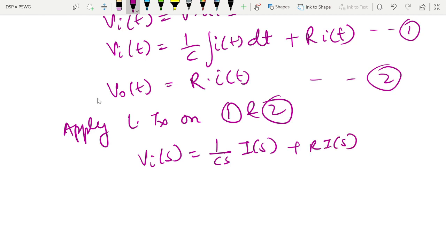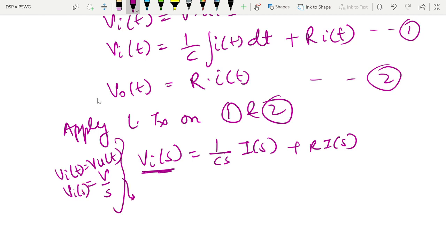Here Vi(t) equals V u(t), and u(t) has Laplace transform 1 by s. So Vi(s) is V by s.